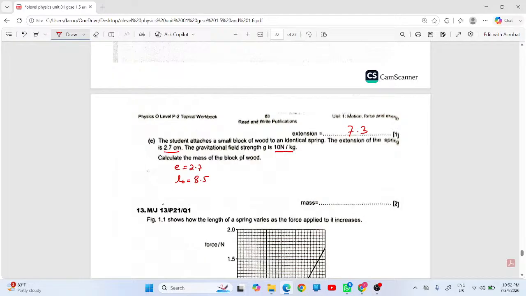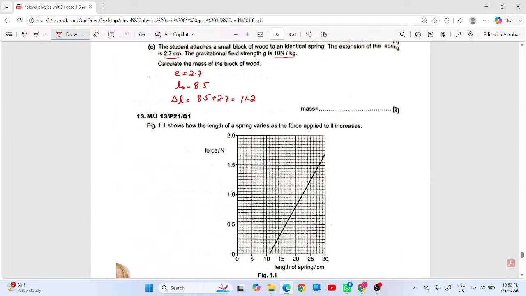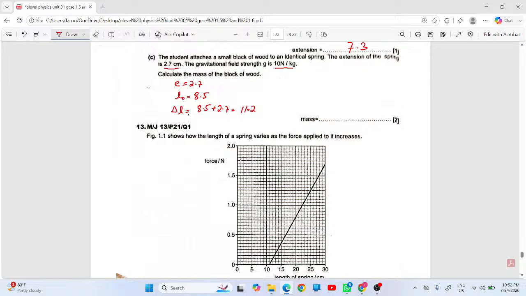Yes, sir. And change in length is 8.5 plus 2.7, 11.2. Sir, in this you took the extension, not L naught, so you took the change in length.